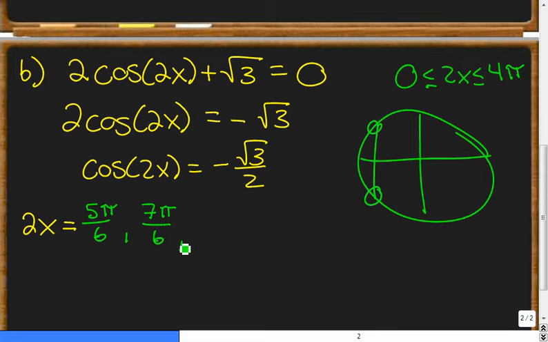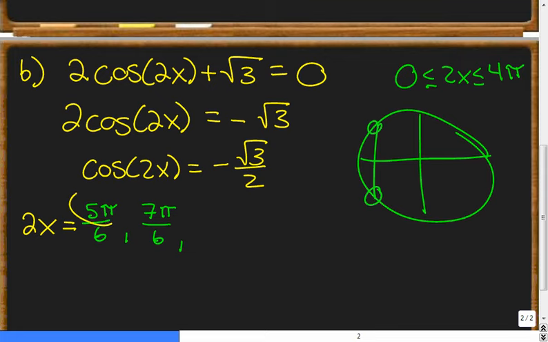Okay, so awesome. Except that's just between 0 and 2 pi. Now I have to think about doubling that and keep going. So the easy way to do that is add 2 pi to each of these answers. Now how do I quickly add 2 pi to these? Well, if we're talking about a base of 6, 2 pi would be 12 sixes.